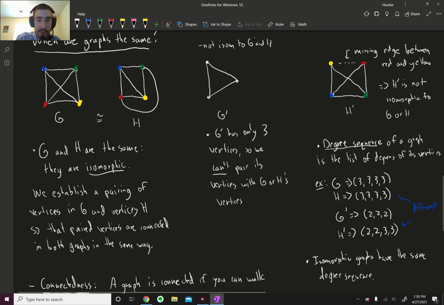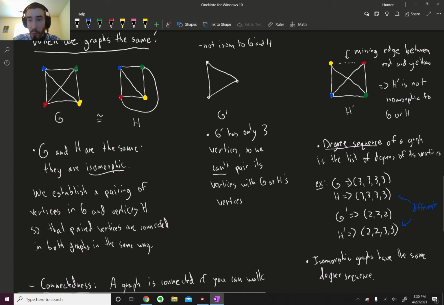If we look at G, H, G prime, and H prime here, you can see in G and H, it's very easy to get from any vertex to any other vertex because they're all adjacent. If I want to go from red to green, I just walk along the edge from red to green. G prime is the same way. Every vertex is connected to every other vertex. So these are in fact very connected graphs.